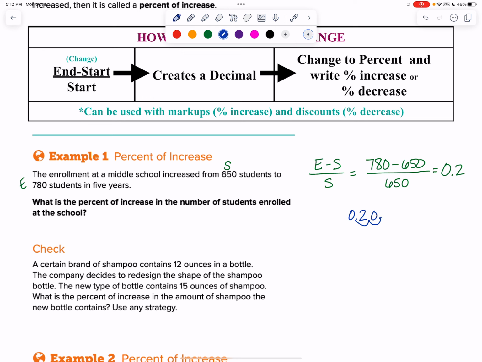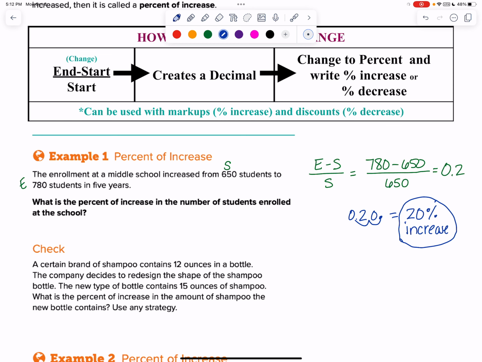That puts my decimal here, and that equals 20%. And so what you have to write, though, you're not done. From start to end, that was an increase. So it was a 20% increase is what you actually need to have circled.